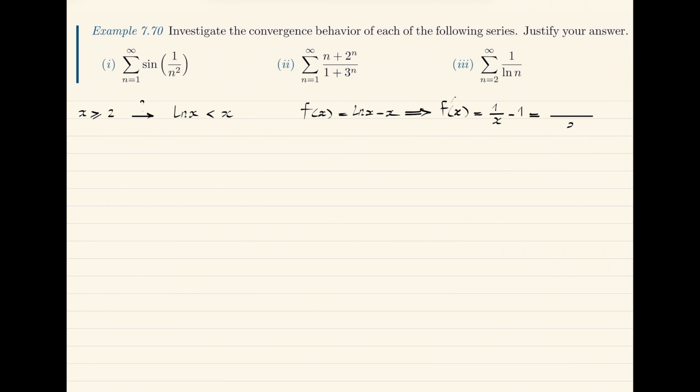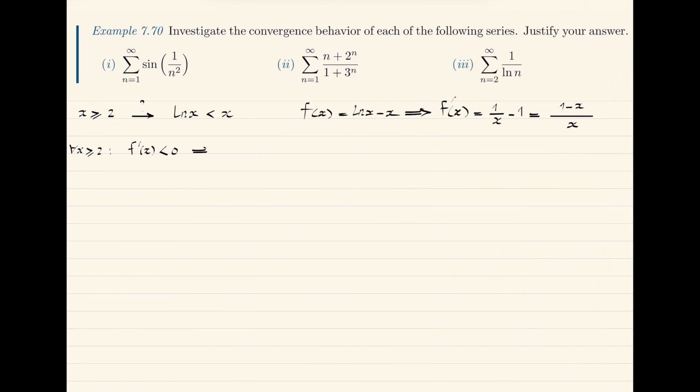This becomes x, and in the numerator I will have 1 minus x. Now, because I am interested in the interval x greater than or equal to 2, the denominator is definitely positive, but the numerator is definitely negative. So in total the derivative is negative. This means that for all x greater than or equal to 2, f prime of x is strictly less than 0.